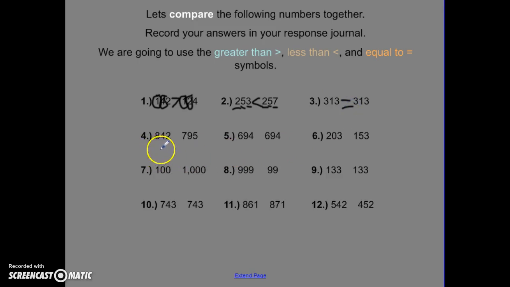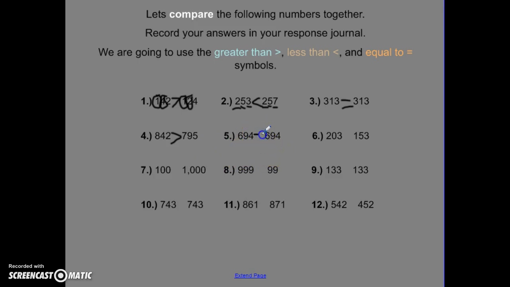Next I have 842 and 795. Right away I see in the hundreds place value that the 8 is greater than the 7. So I know that 842 is greater than 795. Please make sure that you are writing these responses in your response journal. Let's move on to number 5. 694, 694.